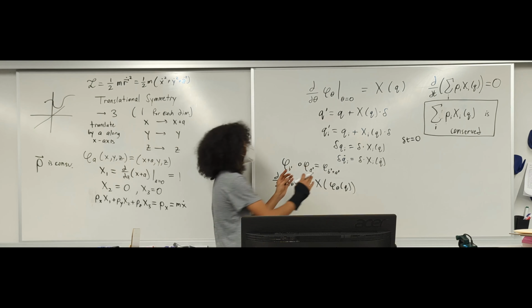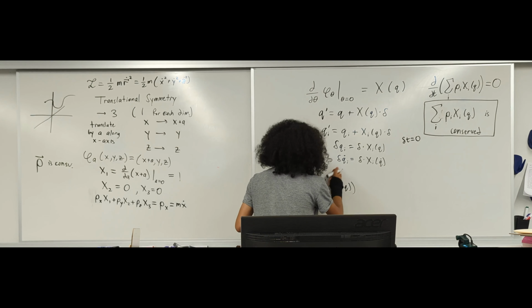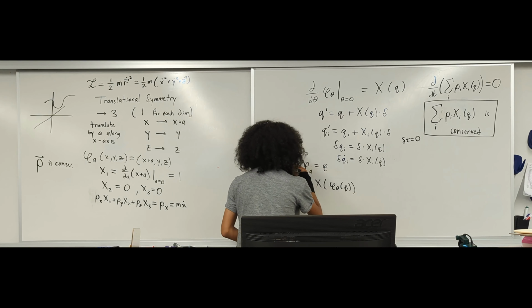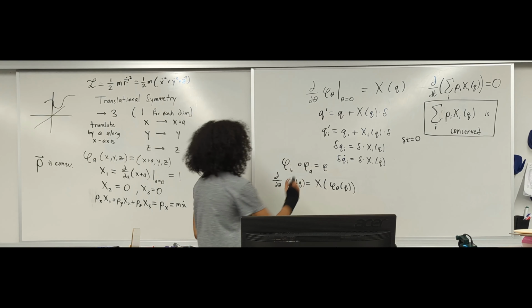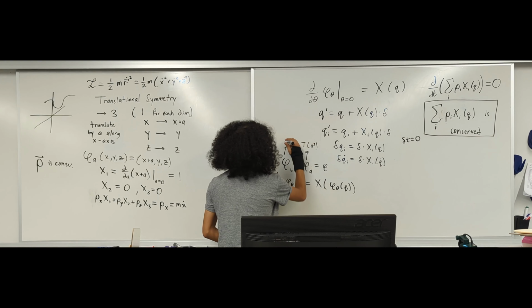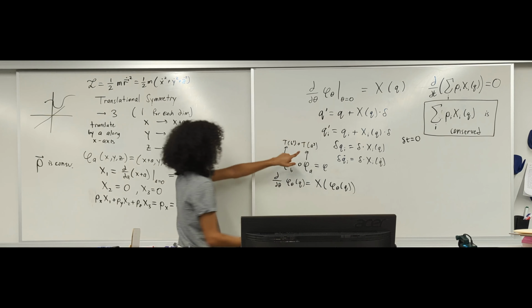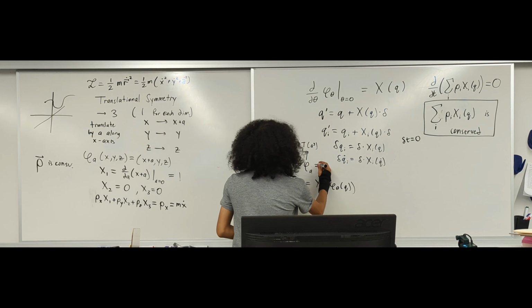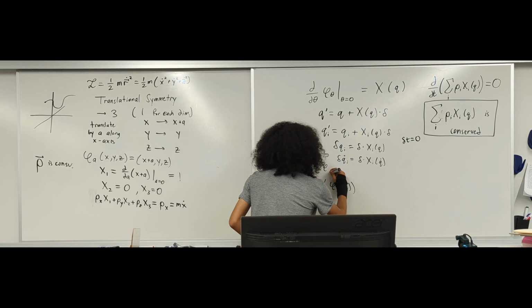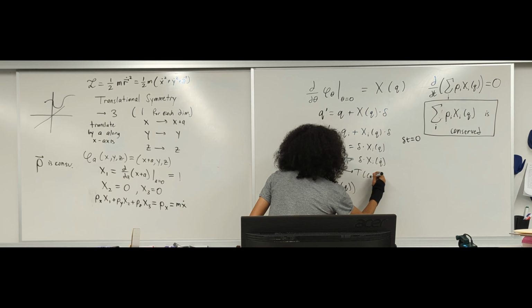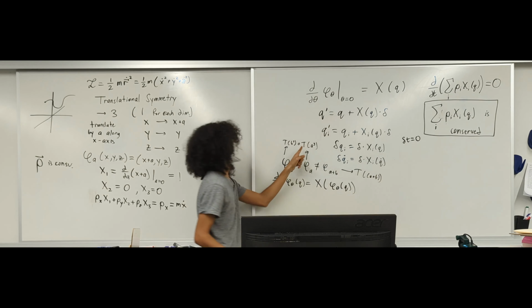Sorry, a translation by b cubed composed with a translation by a cubed is not equal to... So the specific translations by that amount, it does work, but if we're saying the transformation by a is a translation by a cubed, and this is a translation by b cubed, composing these would be a translation by a cubed plus b cubed, but that means that this is not equal to the transformation by a plus b, because this would be a translation by the cube of a plus b, which is not equal to a cubed plus b cubed.